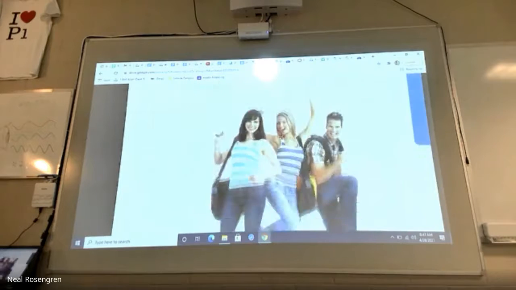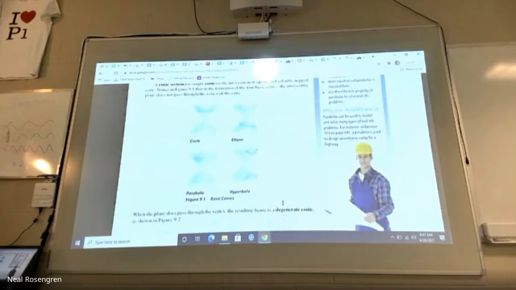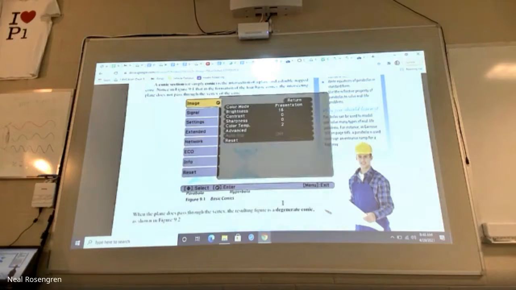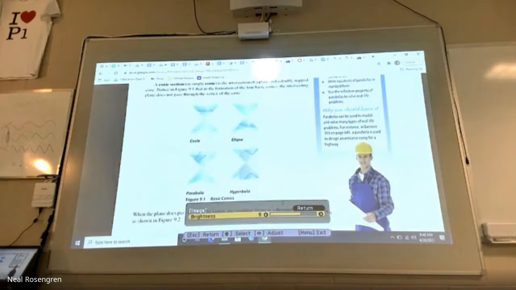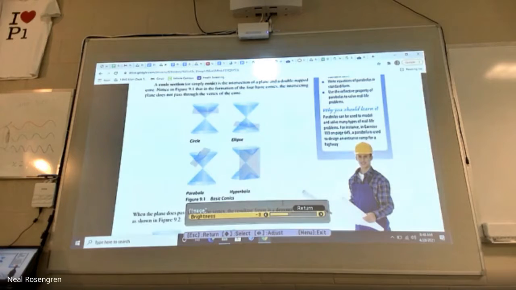Things that could be cut. This is actually kind of cool. Might be a little hard to see. Darken this up. We call them conic sections. Let me turn the brightness down here so you can really see what's there. That's better. So imagine 2 cones stacked end to end. And you take a piece of paper, or you take a knife, and you slice through the cone.